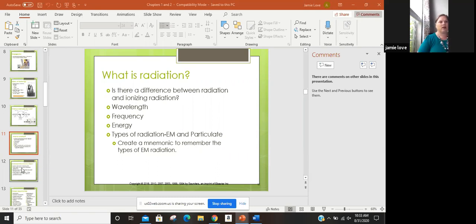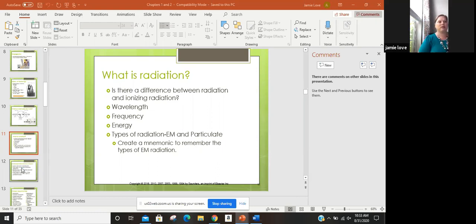We usually have you guys create some kind of saying to help you remember it as a group, but I'm going to let you save that for physics class. If you want to start thinking of one, we're talking about remembering the order from the radio waves to microwaves to infrared to visible light to X-rays to gamma rays, trying to think of some kind of saying.